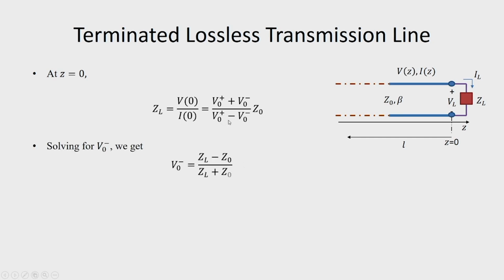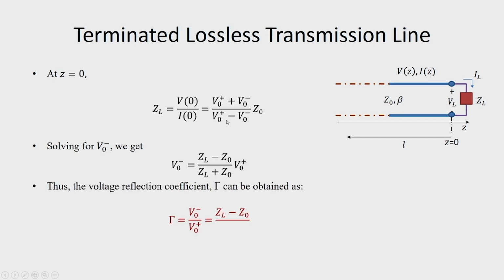And from this equation, if we solve for V naught minus, then we get V naught minus is ZL minus Z naught divided by ZL plus Z naught into V naught plus.